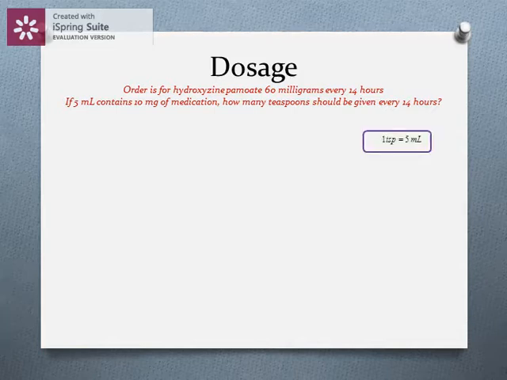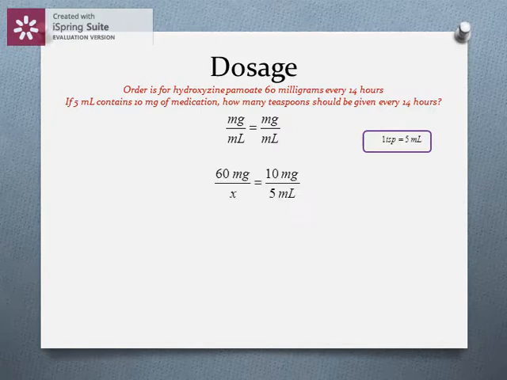And so we need to know, well, how many milliliters are in a teaspoon? So once we can get that conversion or that relationship, then we can proceed here. So I'm going to set up my relationship again from milligrams to milliliters, and then represent that there are 60 milligrams in some unknown milliliters.